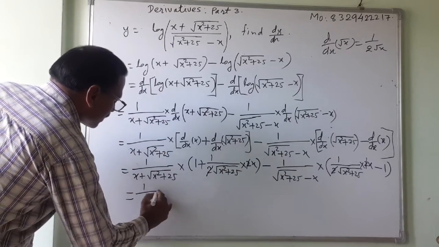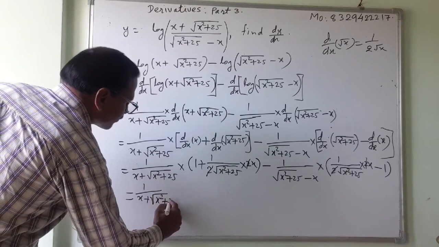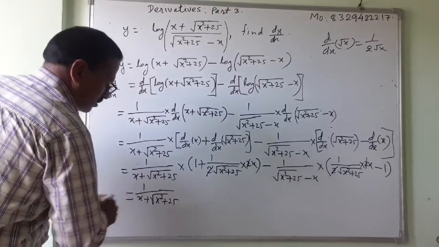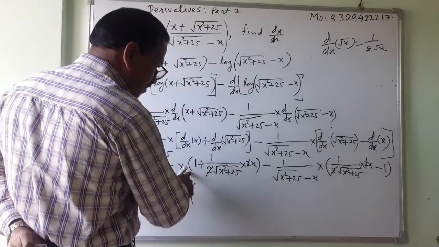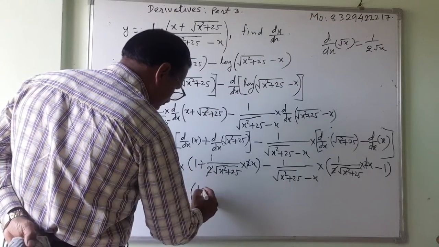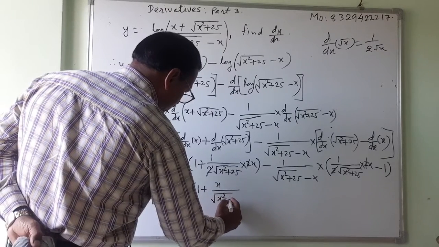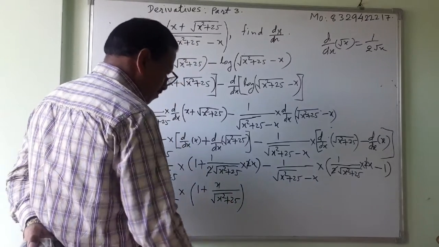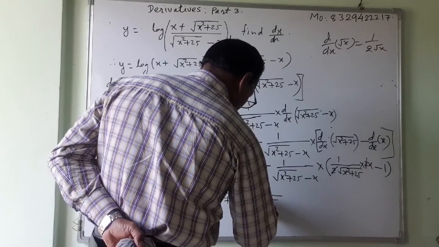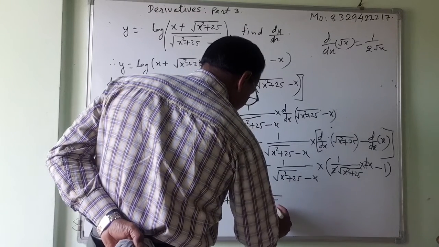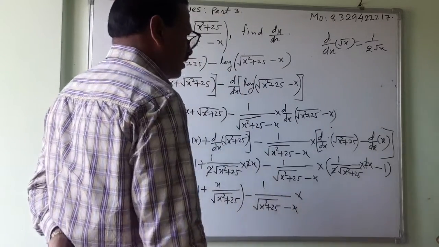So 1 upon x plus under root x square plus 25 into 1 plus x upon under root x square plus 25, minus 1 upon under root x square plus 25 minus x into this much part.